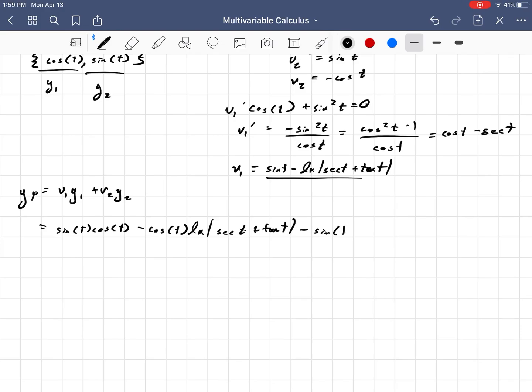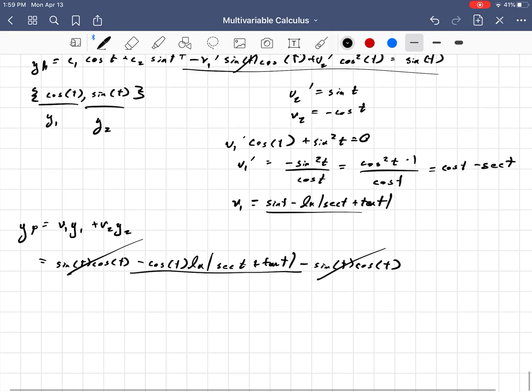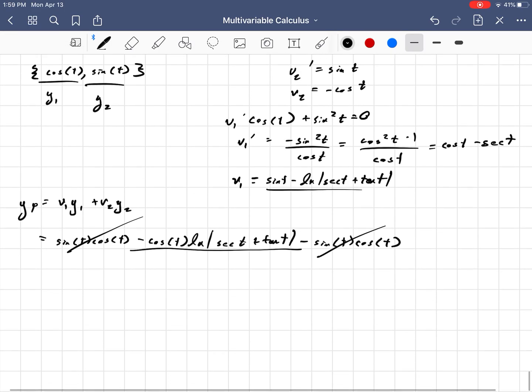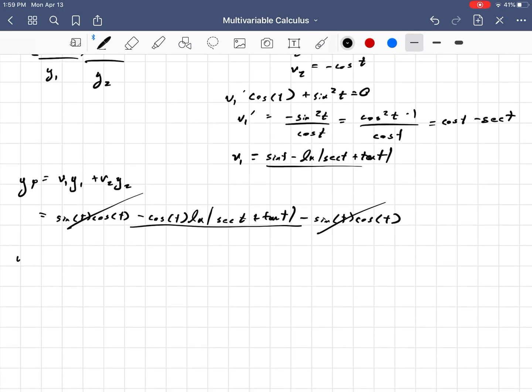And now we add v sub 2, which is just negative cosine t, times y sub 2, which is sine t, so that's minus sine t cosine t. That and that cancel out. And so our y sub p is just this.